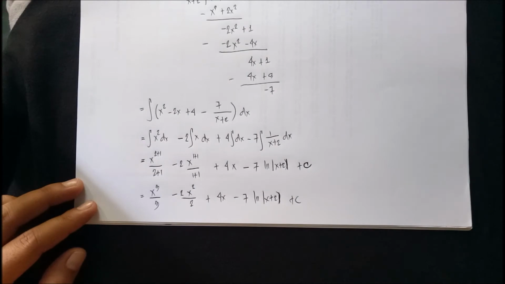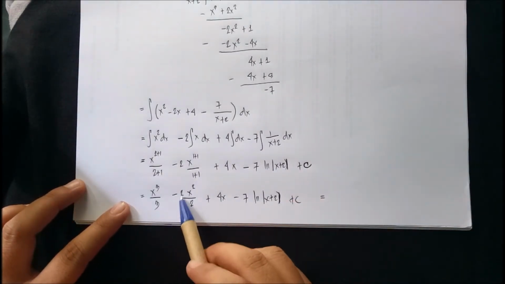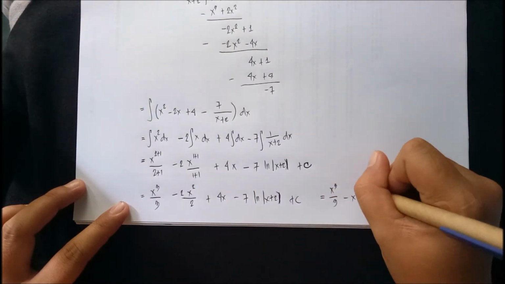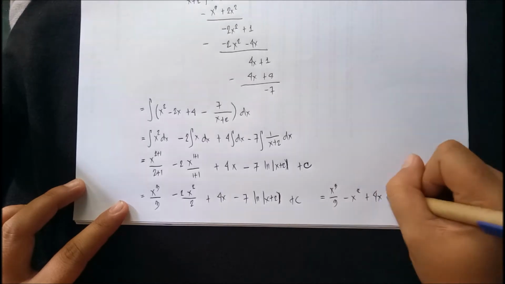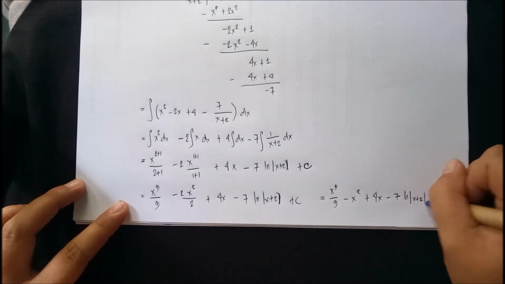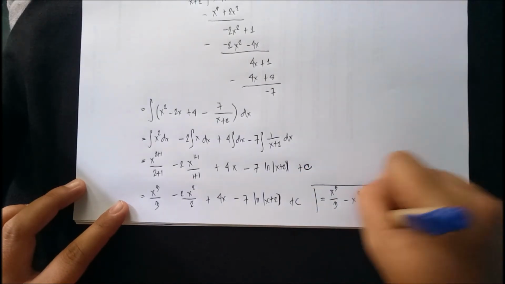Okay. Simplifying it again, this is just simply, cancel ko lang tong 2. X cubed over 3 minus x squared plus 4x minus 7 ln x plus 2 plus c. This is our final answer.